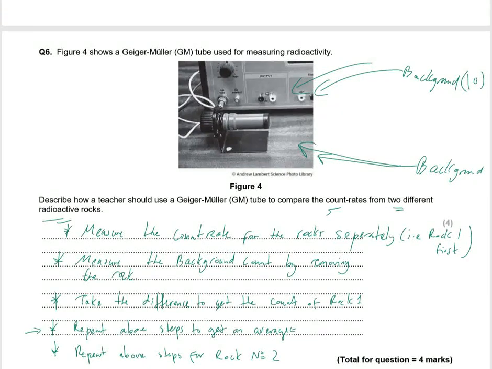And I'm going to do the same thing for rock number 2. Let's say rock number 2 is 70. So what I'm getting is 80 here, and I do the same thing. I remove the rock, rock number 2. This is where I get 10, and all I need to do is 80 take away 10, and I get 70 from rock 2. So before I had 50, and now I have 70.